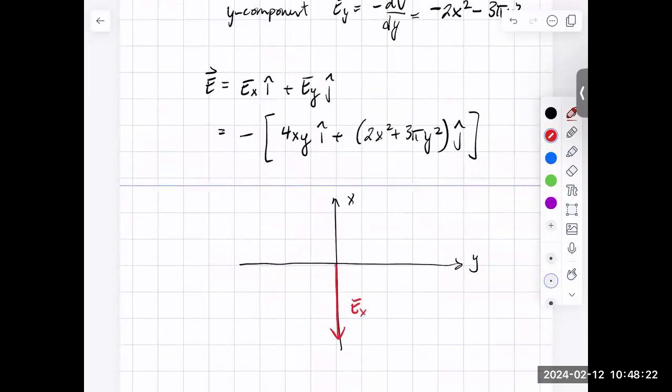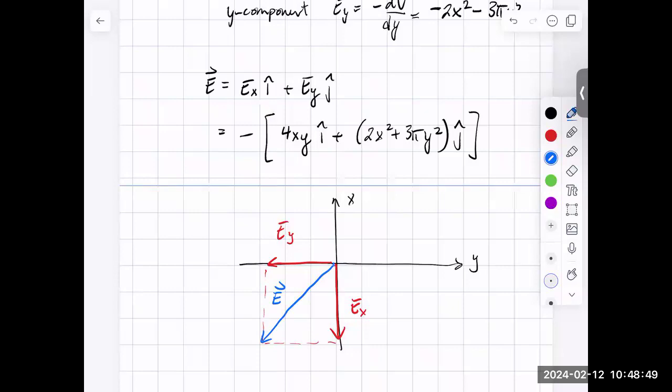Our y component is also negative, and so it's going to look something, I'll just make something up, Ey. And then if I want to find the net electric field, it's the sum of those two.